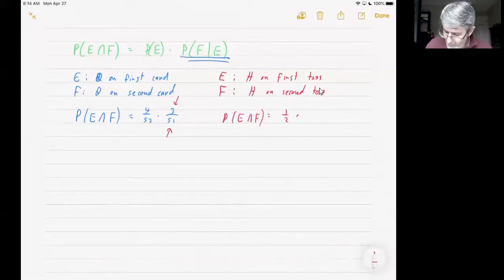We still have a 1 in 2 chance on the second toss. So we can just multiply those together. The probability of F given E is unaffected. And so we're able to say that this is just the probability of E times the probability of F.